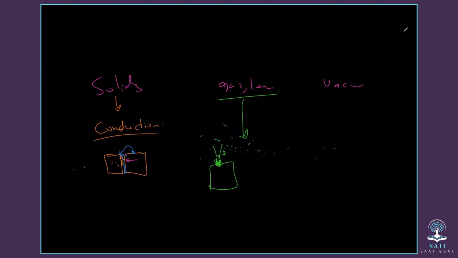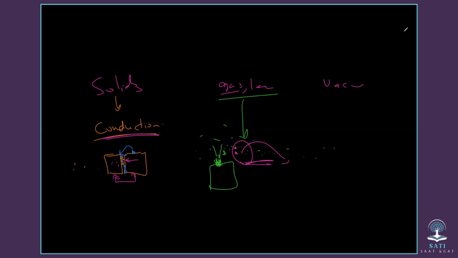So that means in conduction, we need contact between the objects to transfer heat. But in gases and liquids, it is different. The particles themselves move from one place to another place. So they transfer the energy by their movement.